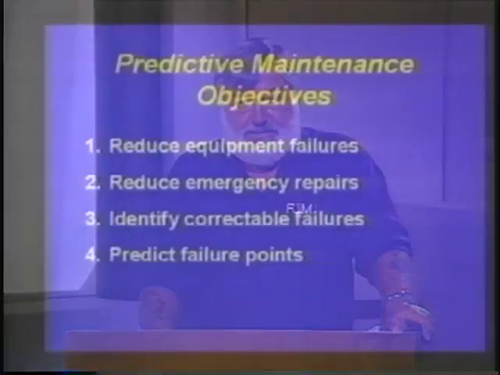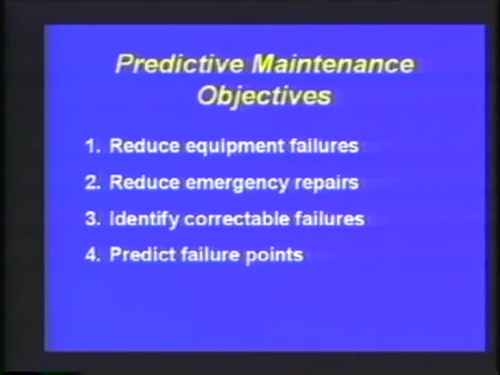Predict failure points. Here you have to have the input of machine design, either internally or externally through your OEM, or have some machine design engineer support the development of those failure points. And again, they could be vibration, pressure, temperature, feed speeds, or any other application that must be monitored.